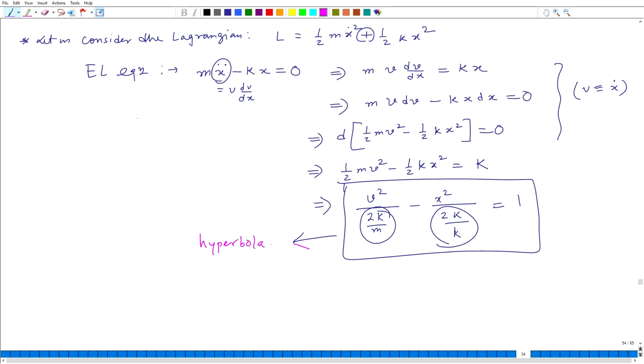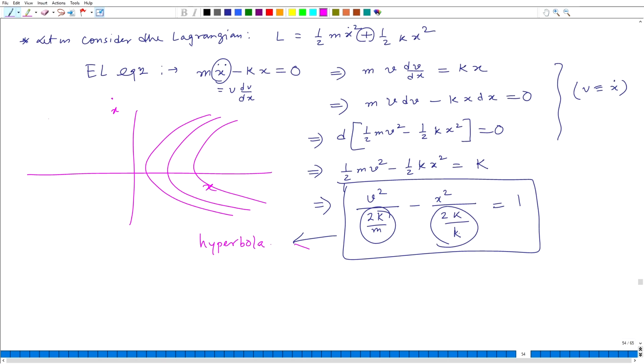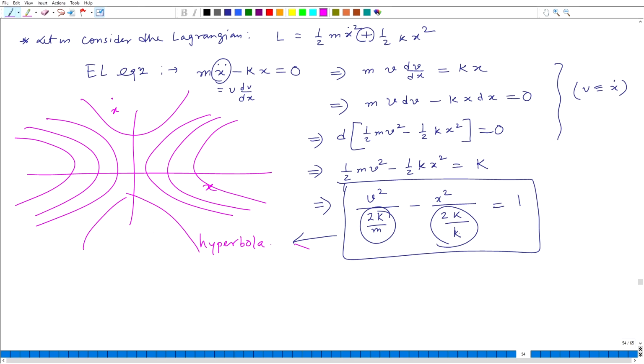So in the phase space, with x and x dot, you can have hyperbolas like this, different types of hyperbola, given by the specific value of this constant k.